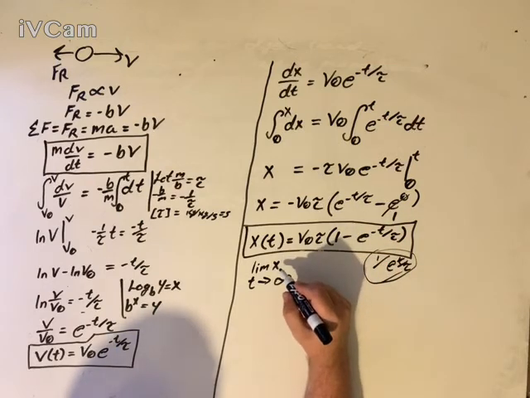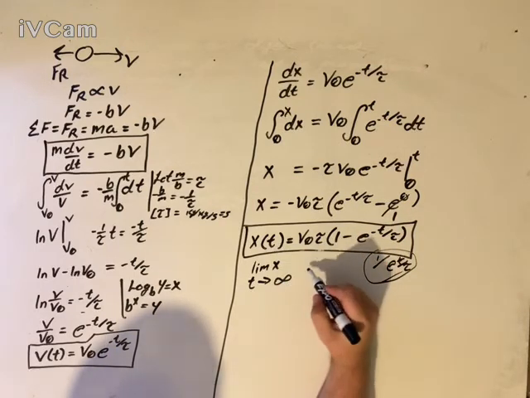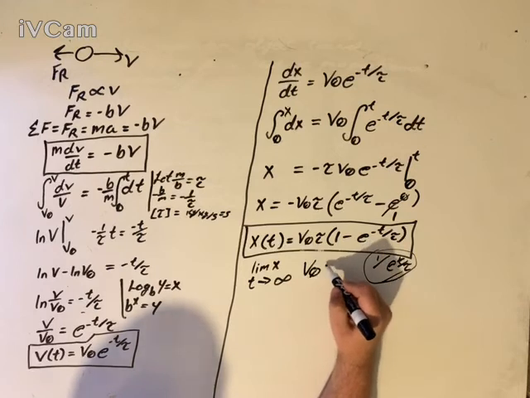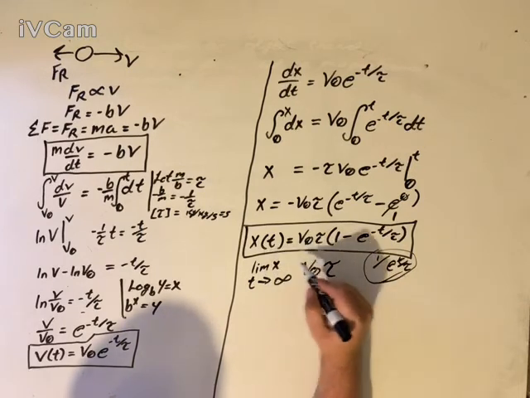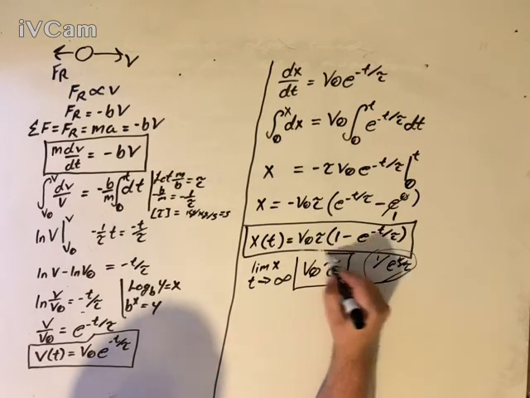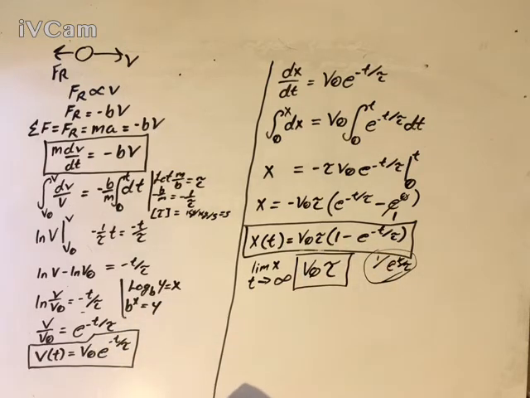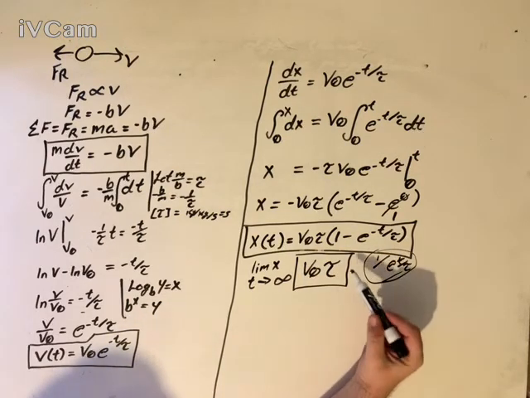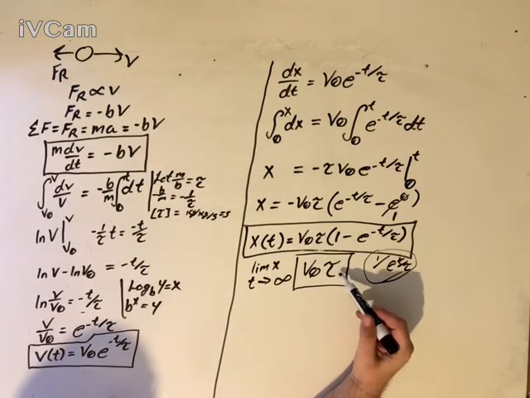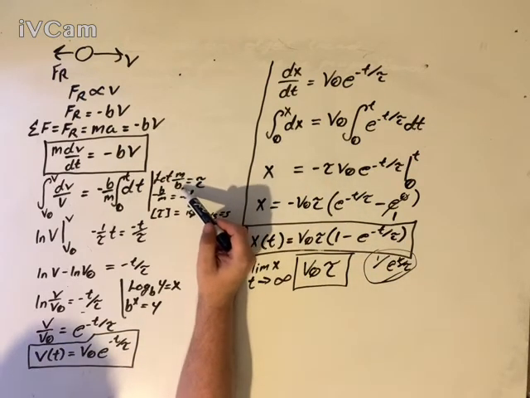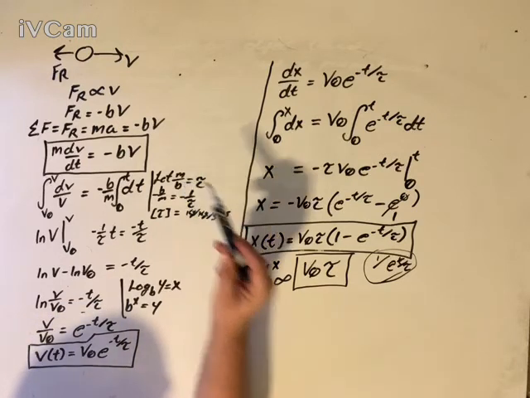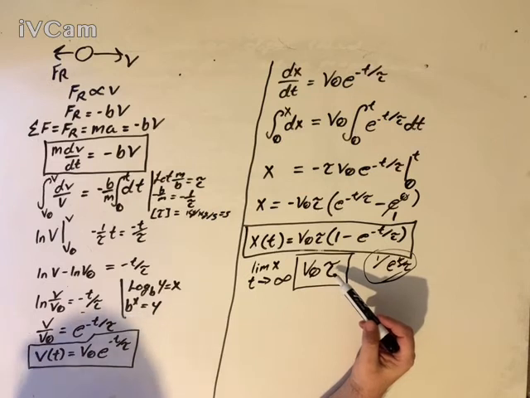So the limit of x as t approaches infinity is v sub o tau. So how far will it go? You take your initial velocity and multiply it by the time constant tau, which depends on your mass and your proportionality constant b, which again will depend on things like surface area and the density of the air, and you're going to come up with the distance.